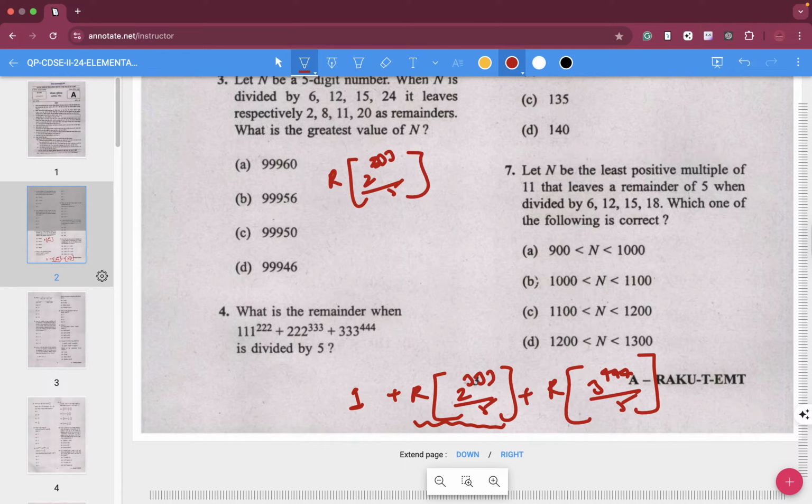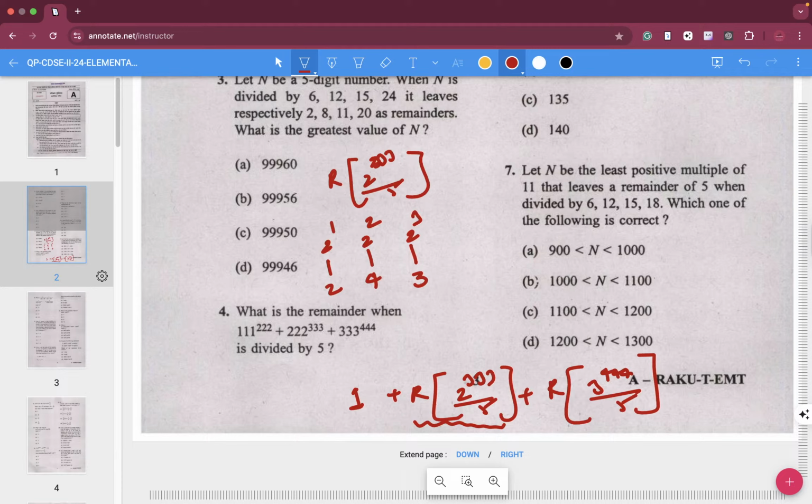Now we have to check the cyclicity. If it was 2 raised to the power 1, the remainder was 2. For 2 squared, the remainder was 4. 2 cubed is 8, and 8 cannot be the remainder when divided by 5, so the remainder will be 3.